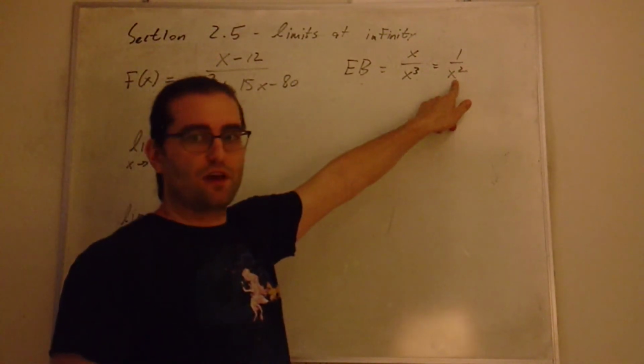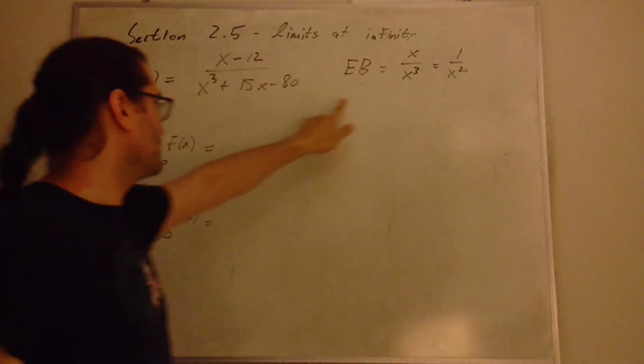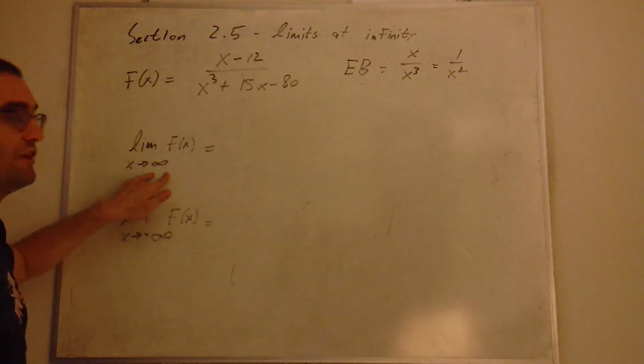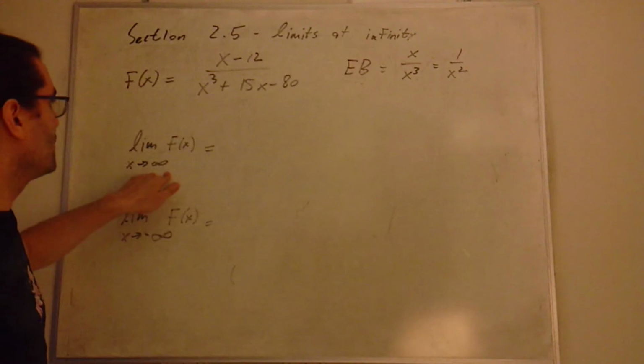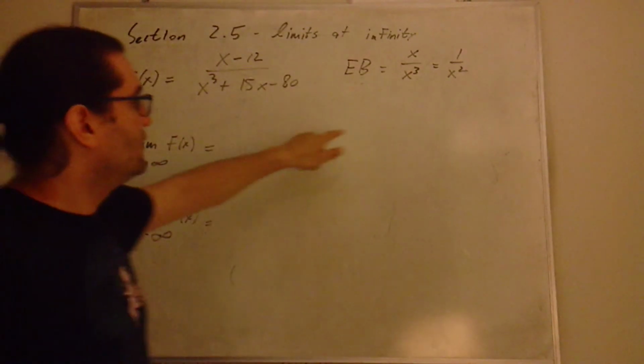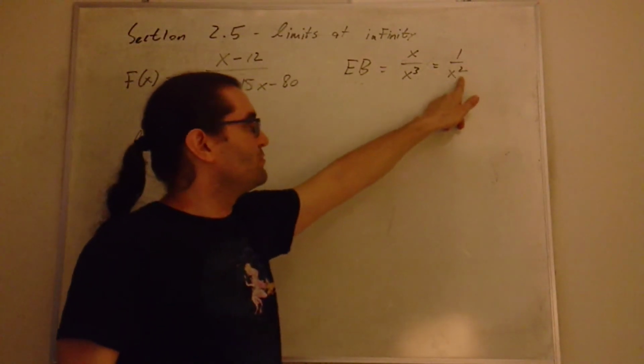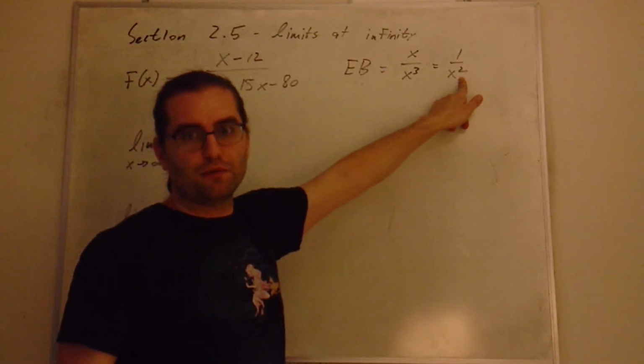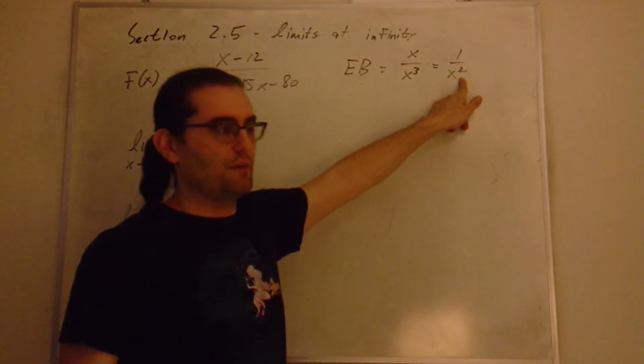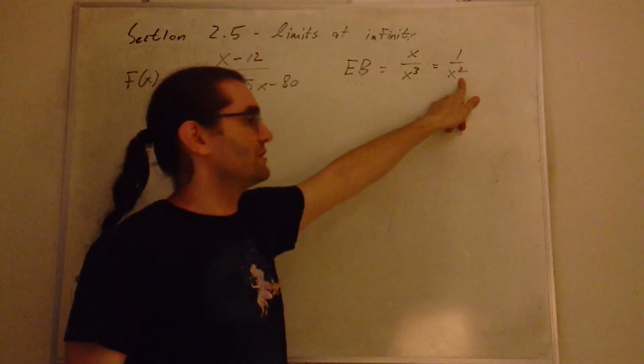If you get something like 1 over x squared, and you want to know what happens when x goes to infinity, you have to imagine sharing a single cookie between several trillion people. You're wondering how much of your single cookie each person gets. It's about 0.